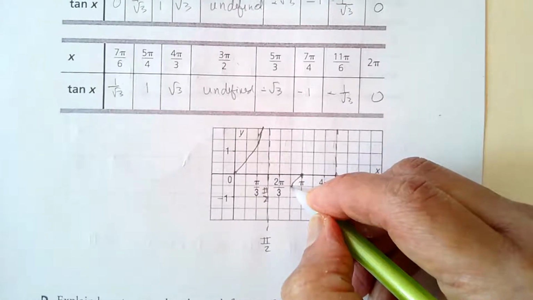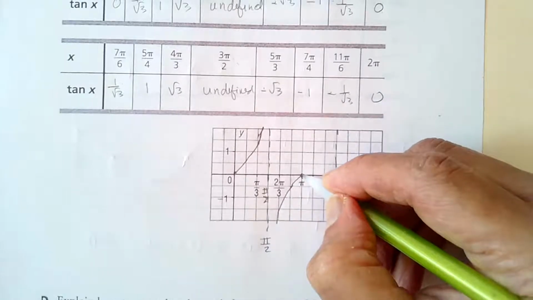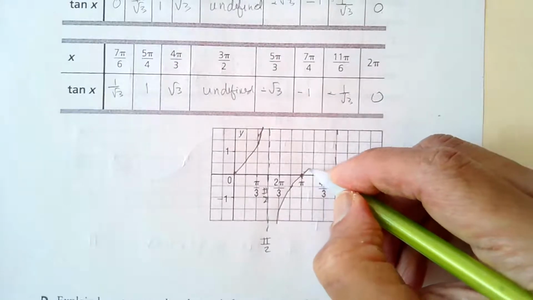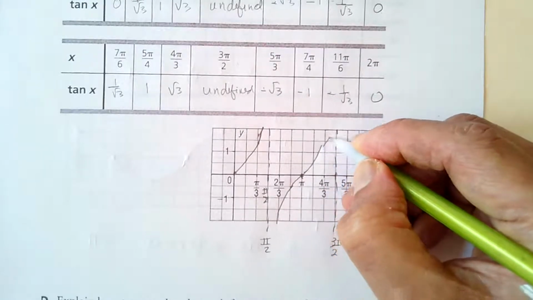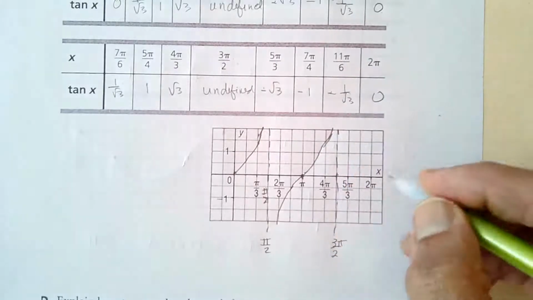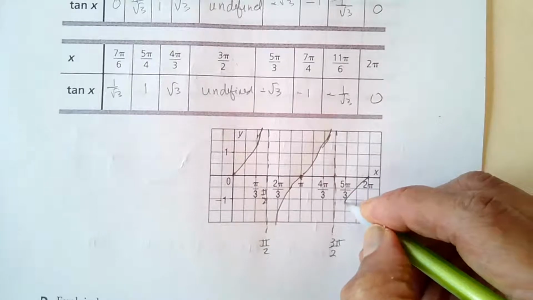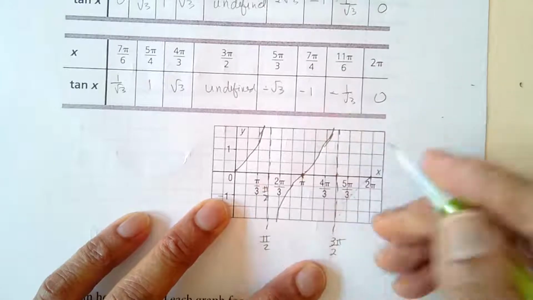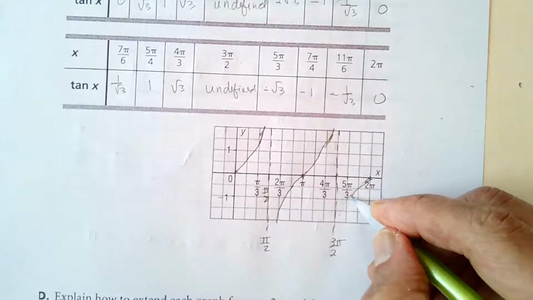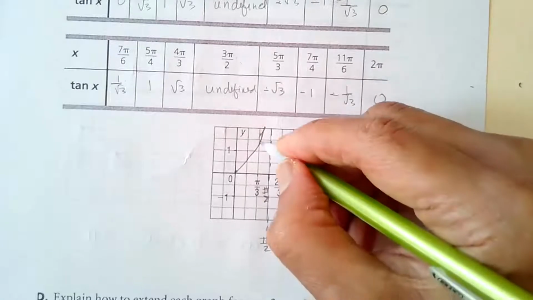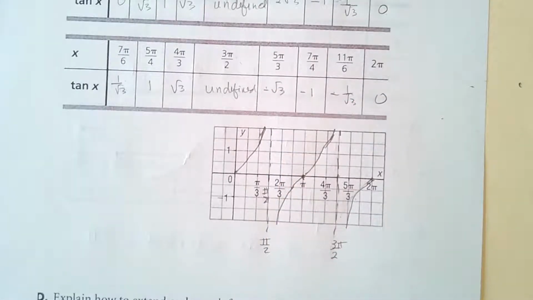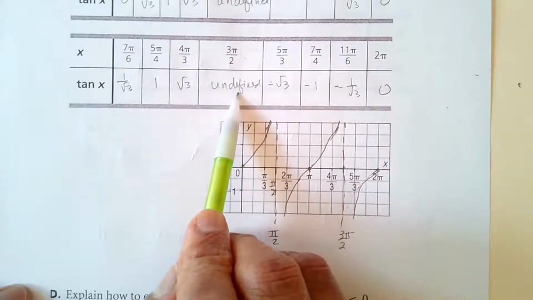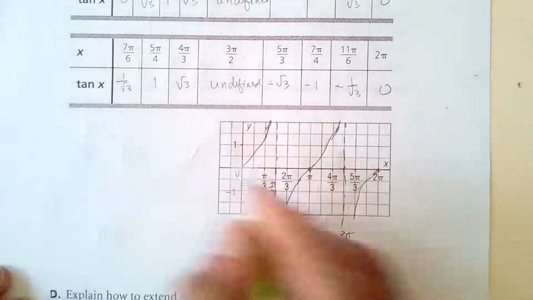So notice this graph goes up. And finally, there's no domain at pi over 2 or 3 pi over 2. So it's everything except for those 2 points.